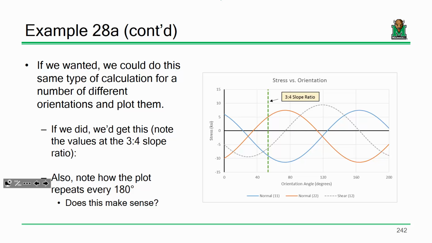Now, this is my, if you want to think of it, x-axis stress, or sigma 1. This is y-axis, or sigma 2. This is the shear stress. Okay. Let's start off at the very beginning. What is my x-axis stress? It's this value right there. And what is that? I don't know, it's maybe positive 6 KSI. Everybody see that?